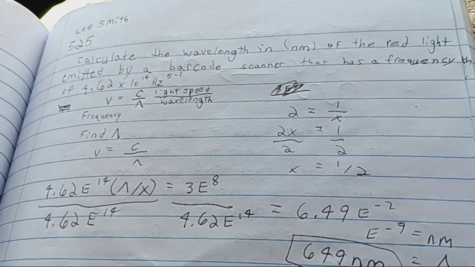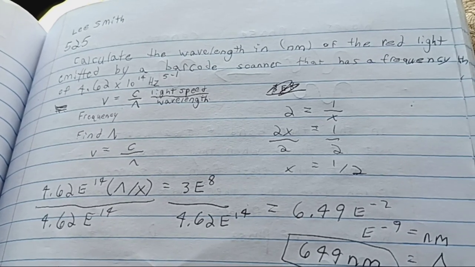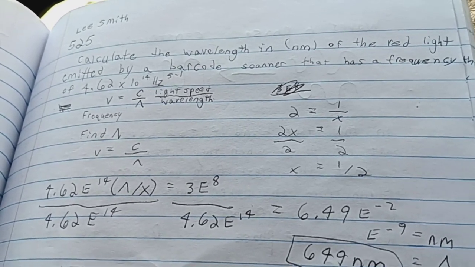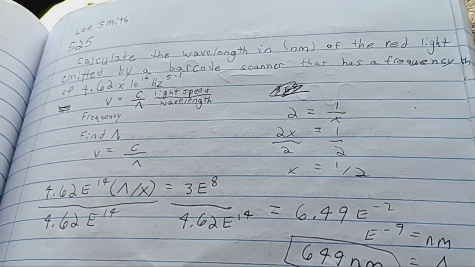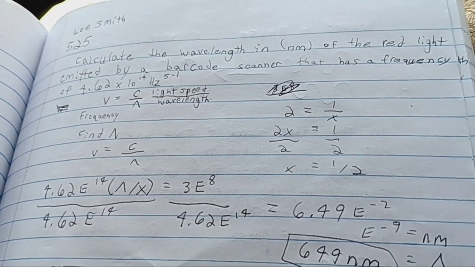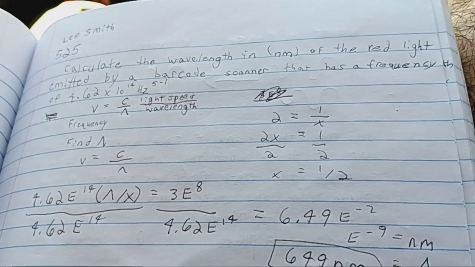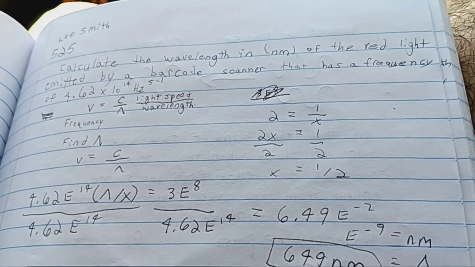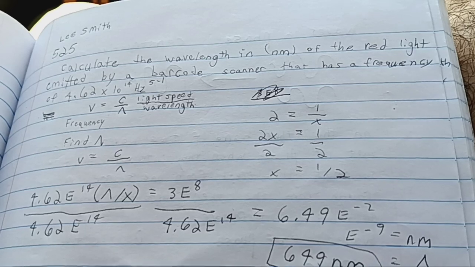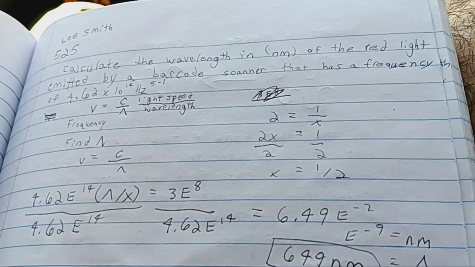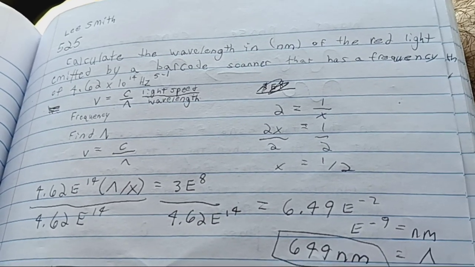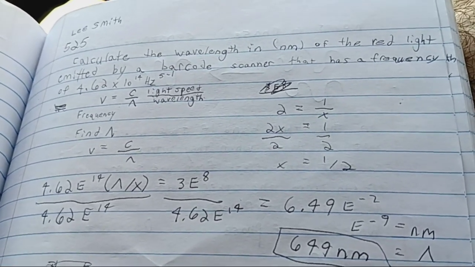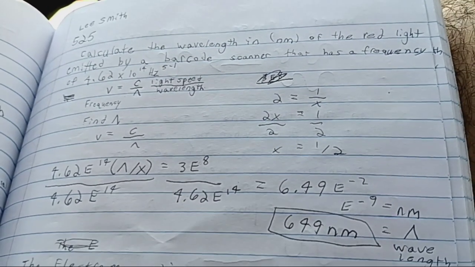I multiply both sides by x, x being the wavelength. So I now have frequency times x equal to the speed of light.